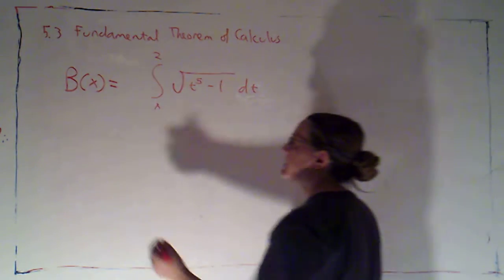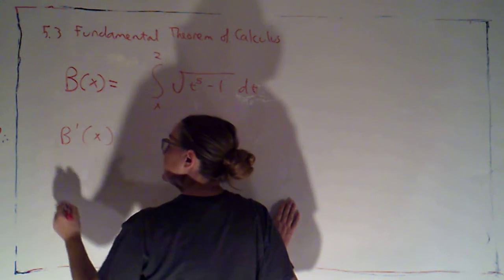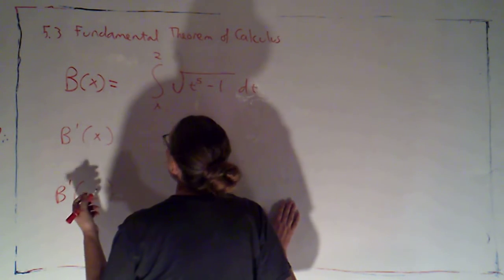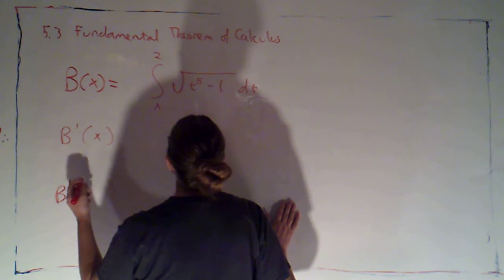And what I would like you to do is try to find a formula for B prime of x, and then use that formula to evaluate B prime at, let's say, 2.